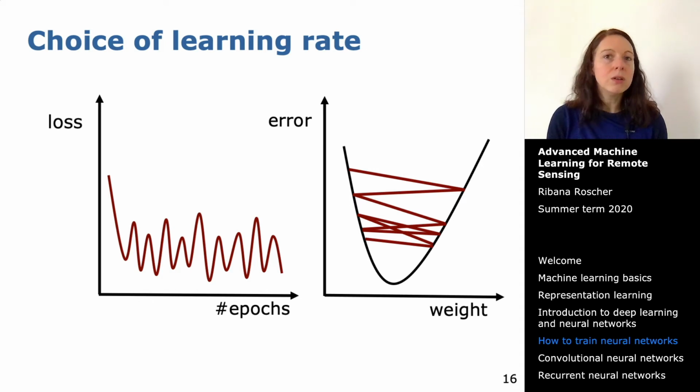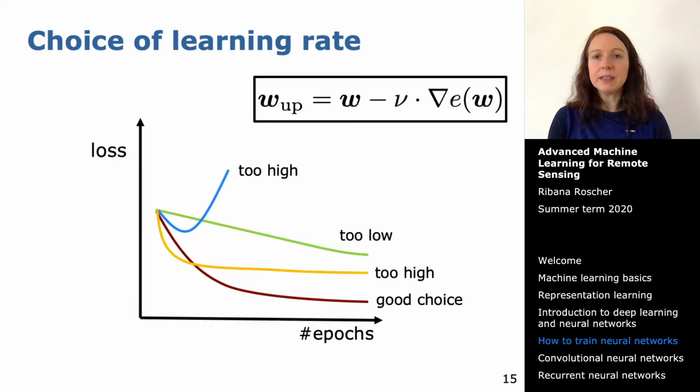What you can do is decrease the learning rate. But actually, if it's just a bit too high, this curve looks similar to when you have a good choice, because it's converging in a good way.